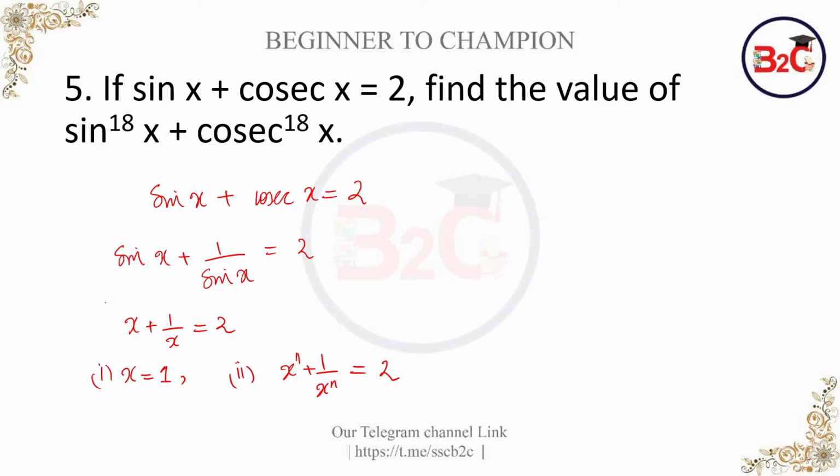So here we have sin x in place of x. Sin x plus 1 by sin x is equal to 2. Then from here itself we can write that sin raised to 18x plus 1 by sin raised to 18x will also be equal to 2 using this formula.